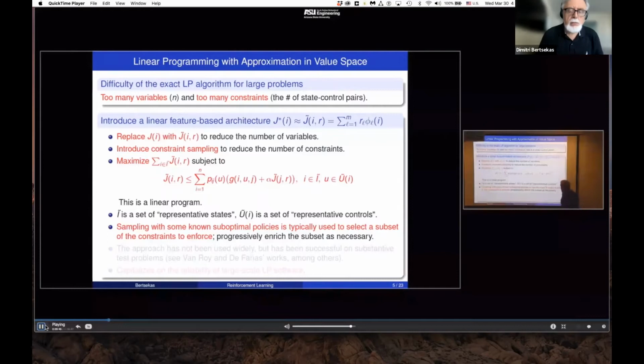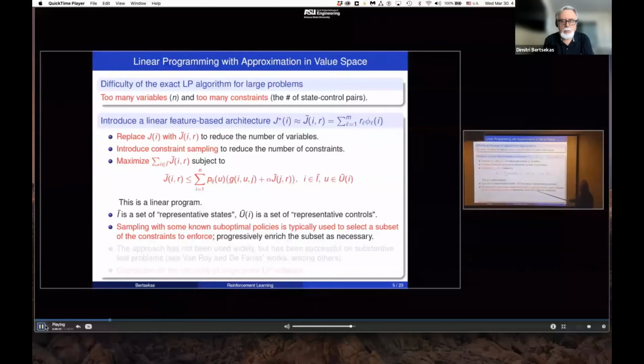You're not afraid of adding more as long as you don't go overboard and add too many. And you may solve the problem and look at the results. And if that doesn't work, then you may enrich the subset as necessary. All of this, of course, involves heuristics and choices, but this is the main difficulty here.